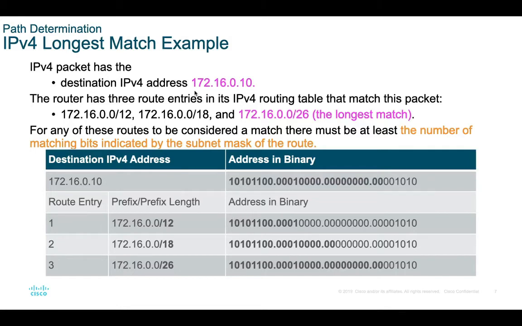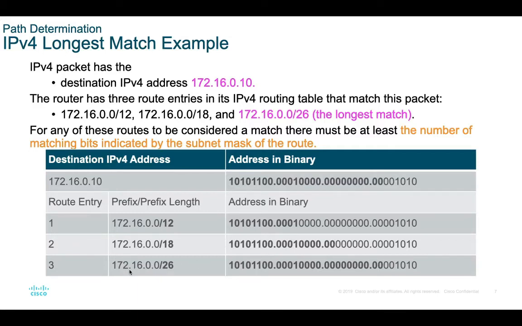So our IP address 172.16.0.10 is presented here. They matched the first 12 bits, but take a look at another entry, 172.16.0.0/18. We also match the first 18 bits. The bold one here is the first 18 bits.